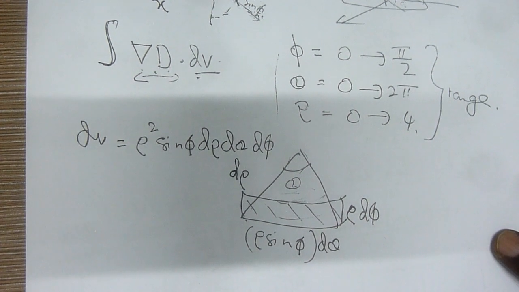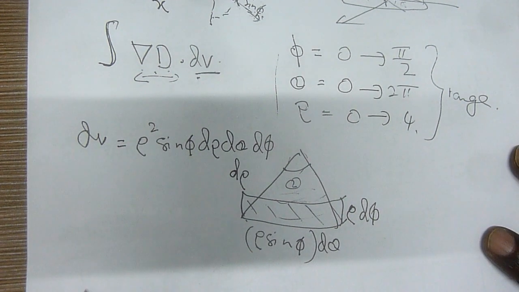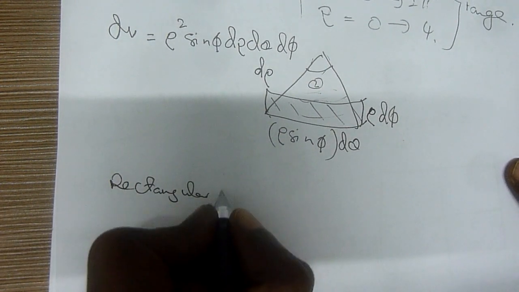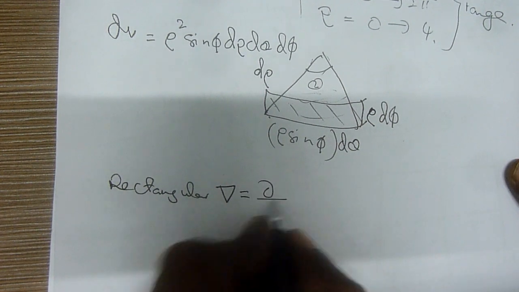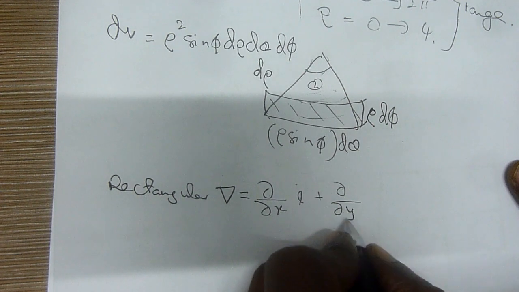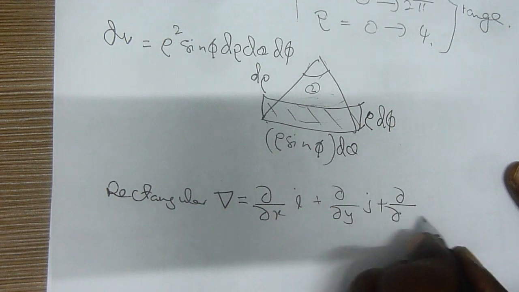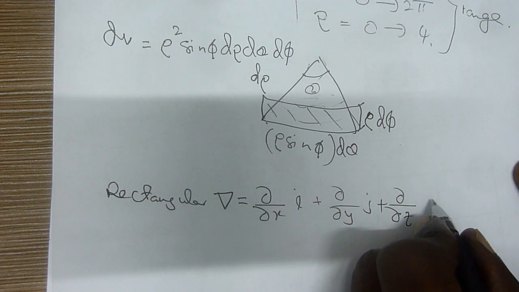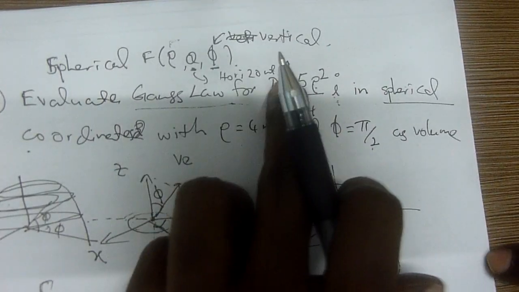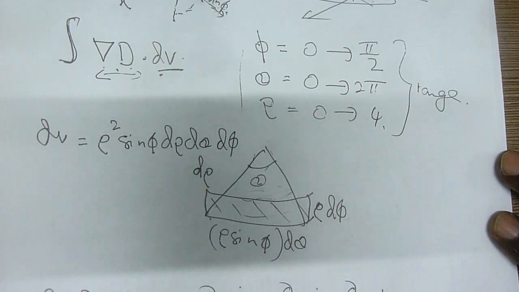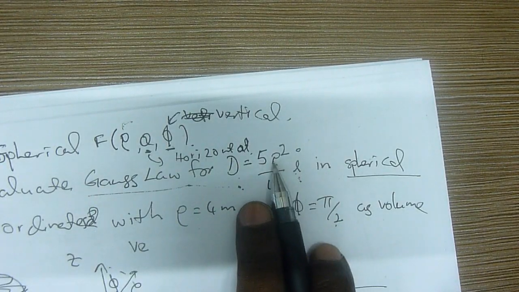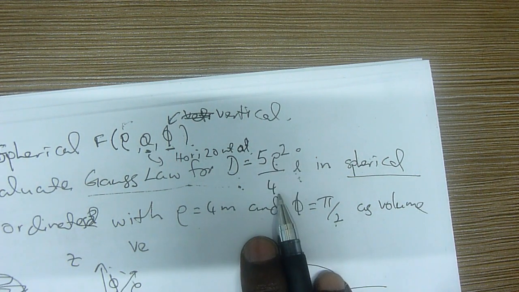Remember, there is a problem when we see the rectangular del, which refers to del x i, del y j, del z k. When I bring this d here, yes, I will get del rho squared over 4.